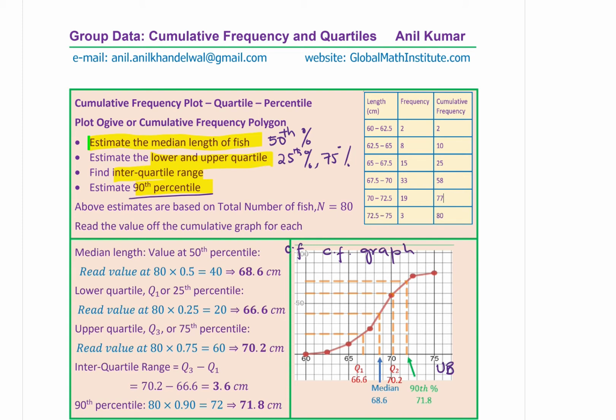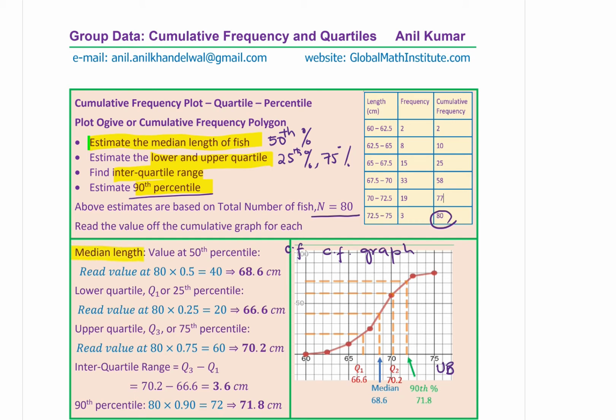Let me write UB for upper bound. All the estimates will be done based on the total number n, which is 80 in our case. We need to read the values from the cumulative frequency graph, which we have just sketched. Let's begin with the median.